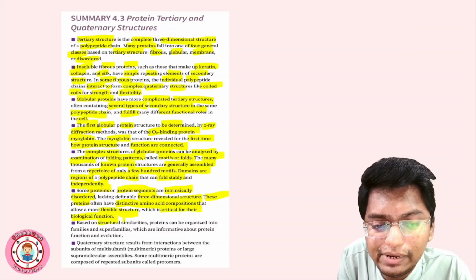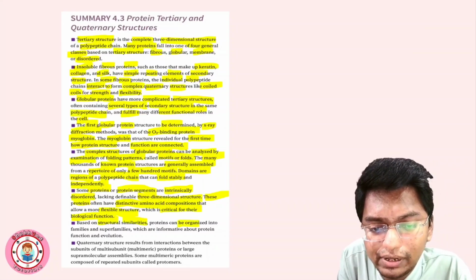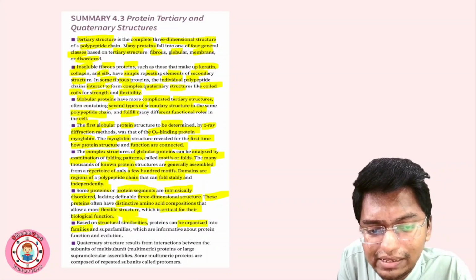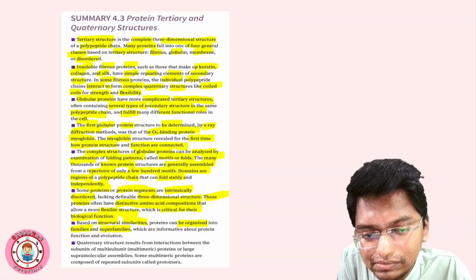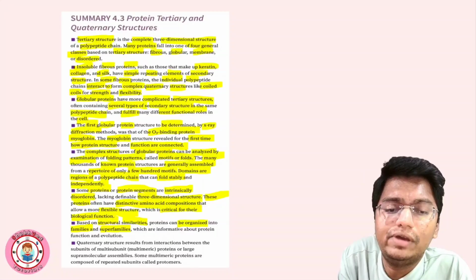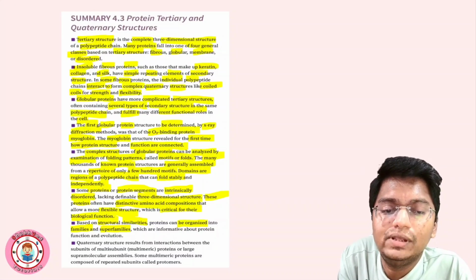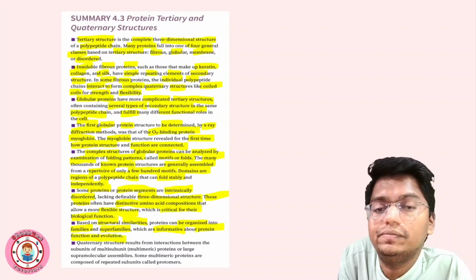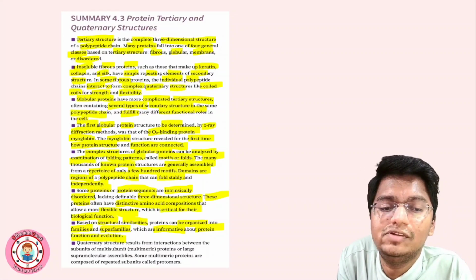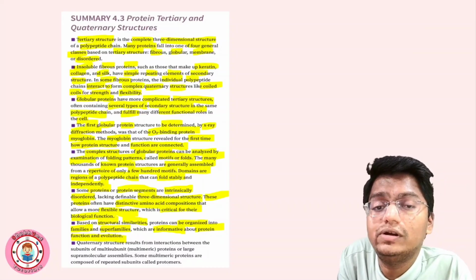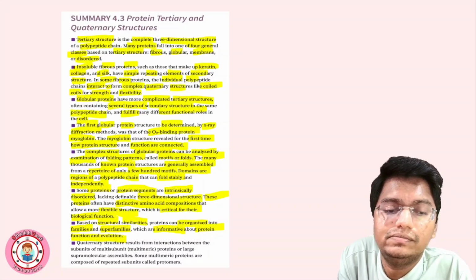Based on structural similarities, proteins can be organized into families and superfamilies. Right, we can organize proteins into families and superfamilies based on structural similarities, which are informative about protein function and evolution. So this is important for function and evolution. What? Organization of proteins.